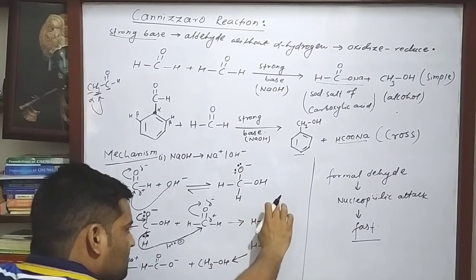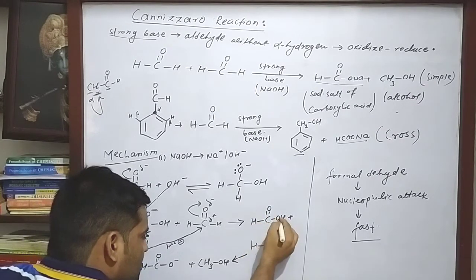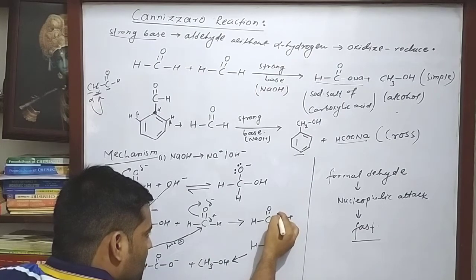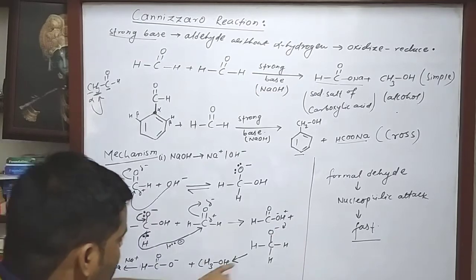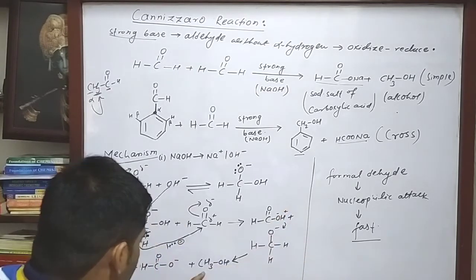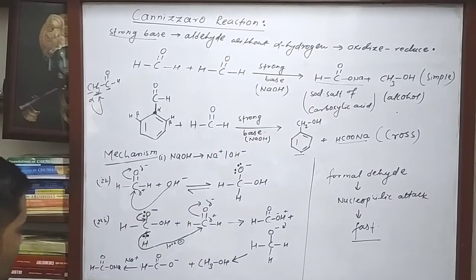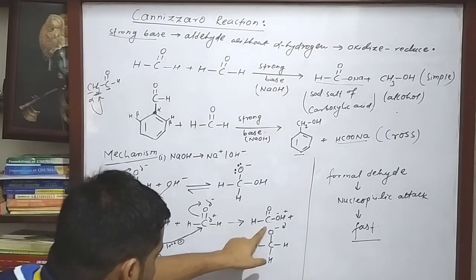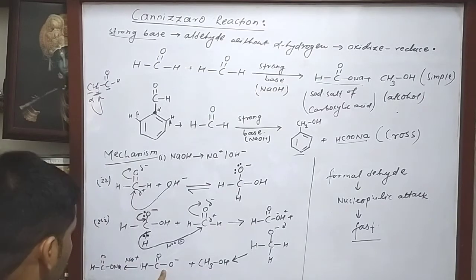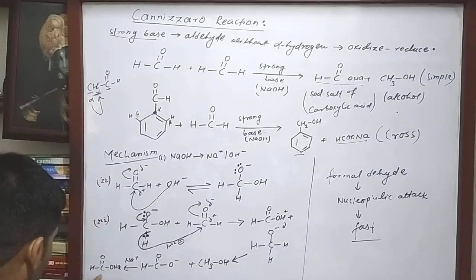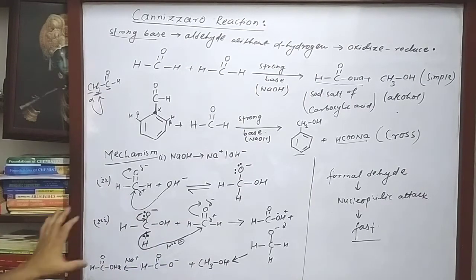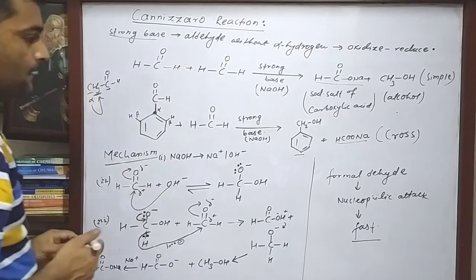Due to the more acidic behavior of this carboxylic acid, it gives H plus to the alkoxide, and CH3O minus when combined with H gives CH3OH, and the other product is HCOO minus, which combines with the positive sodium ion, then gives the salt of the carboxylic acid. This is the mechanism behind the Cannizzaro reaction.